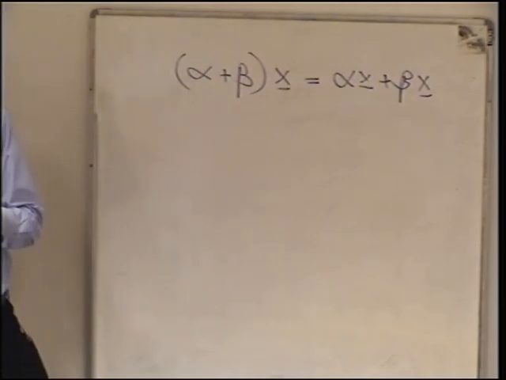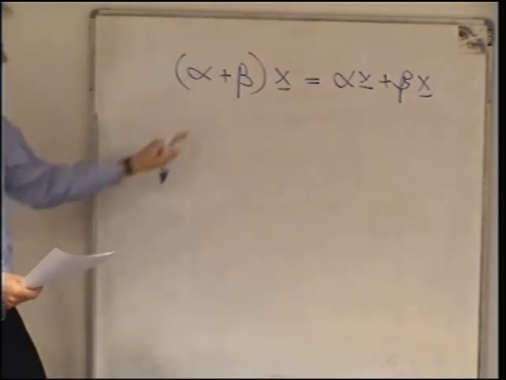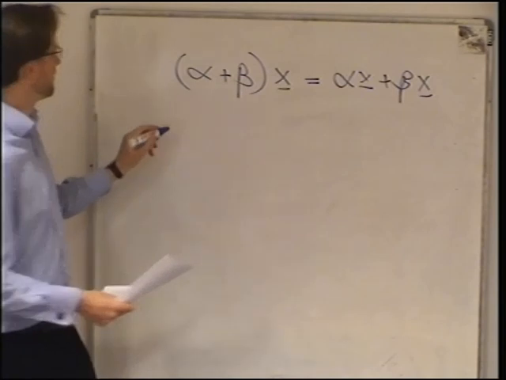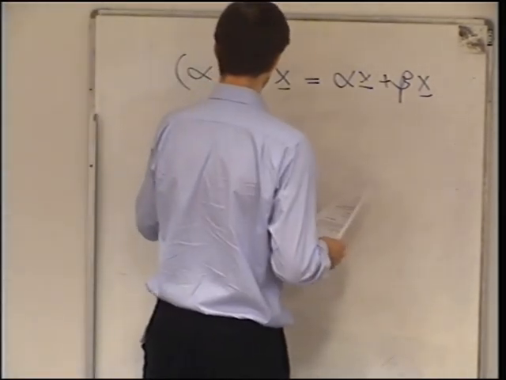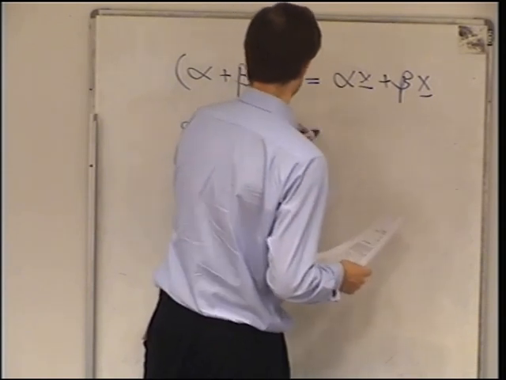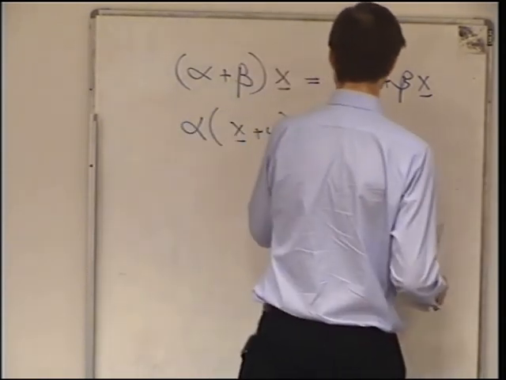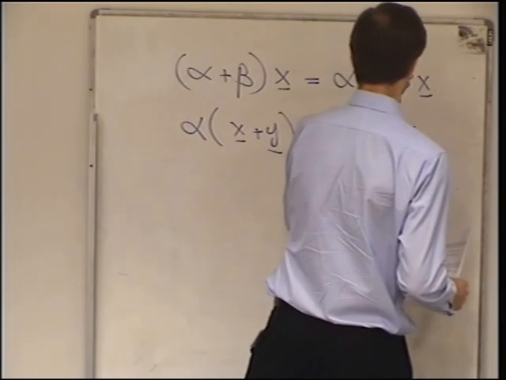And the other version of this is where instead of adding the scalars, I add the vectors. So alpha times x plus y has got to be equal to alpha x plus alpha y.